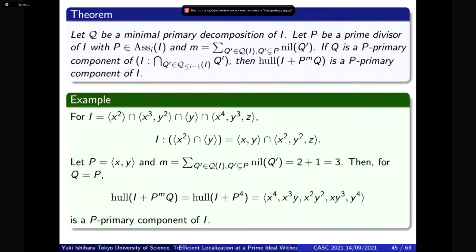Also, we can compute the embedded parameter component from the parameter divisors, like this.